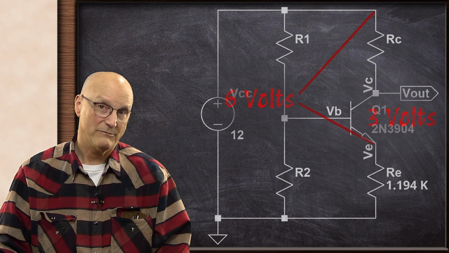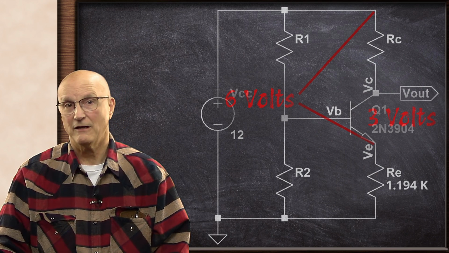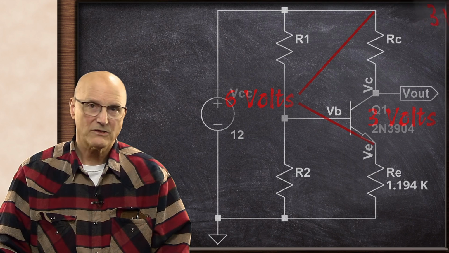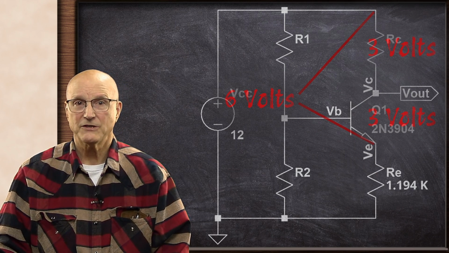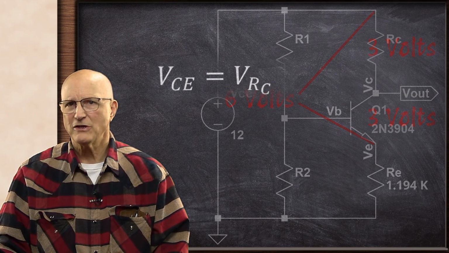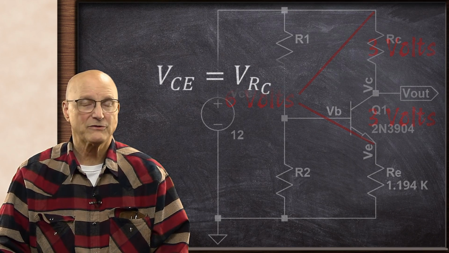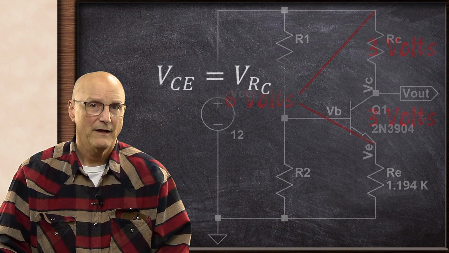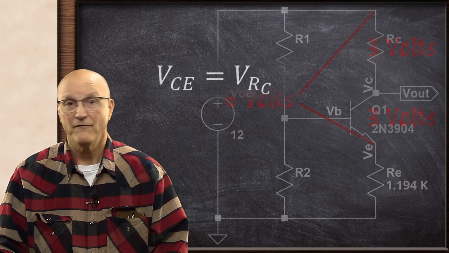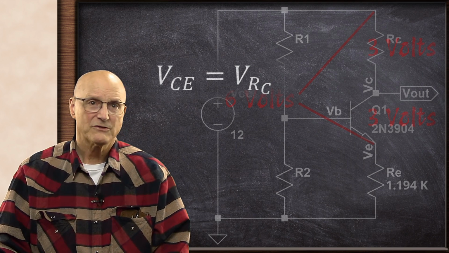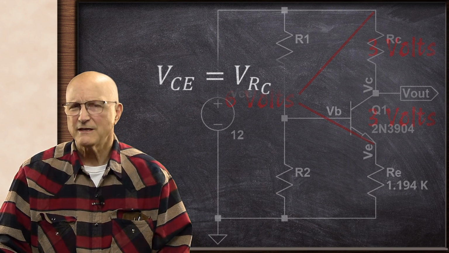But this also means that the voltage across the collector resistor will also be 3 volts. So, to satisfy this condition, we can say that the voltage between the collector and emitter of the transistor, VCE, is equal to the voltage across the collector resistor, VRC. So let's set both of these to the same variable.